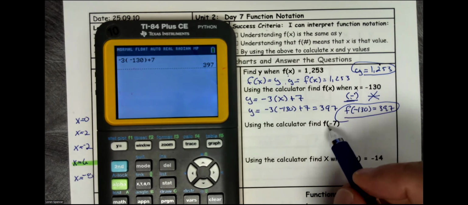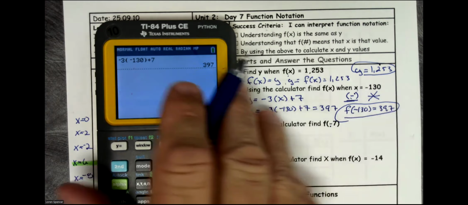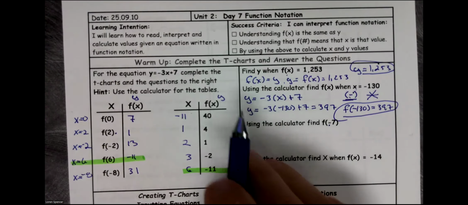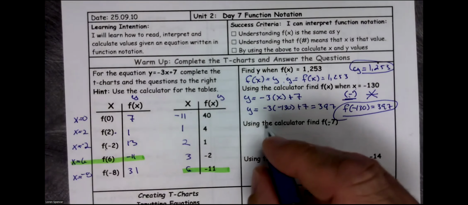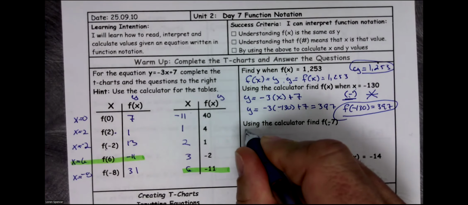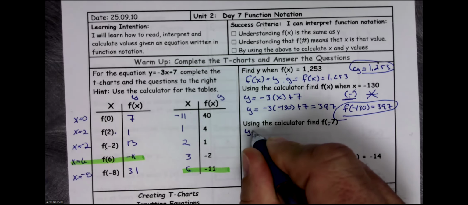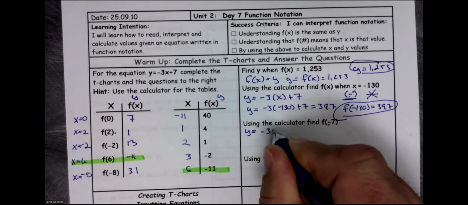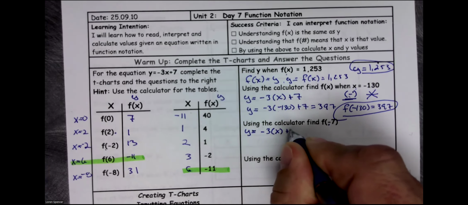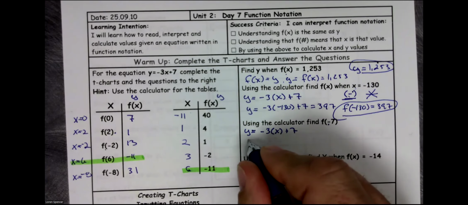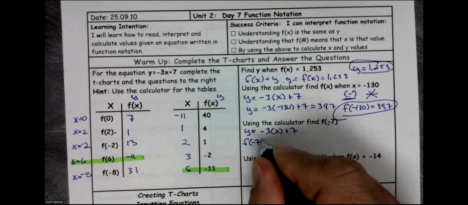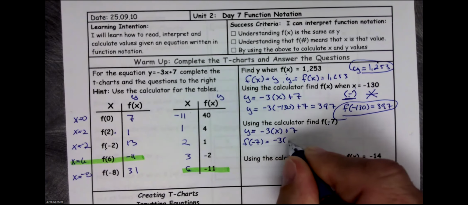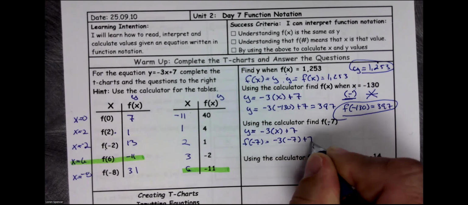All right, then it says find f of negative 7. Well, again, I'm going to use the same formula because I want to get the practice in. So we have y equals negative 3x plus 7. And we want f of negative 7, which is negative 3 parentheses negative 7 plus 7.